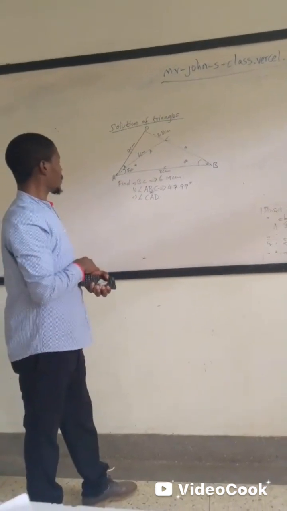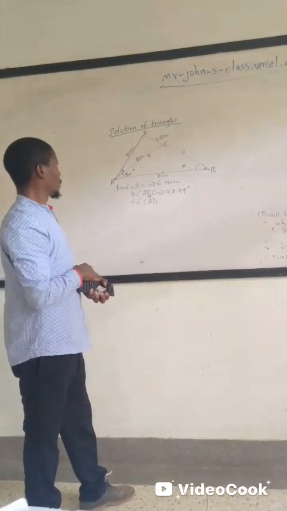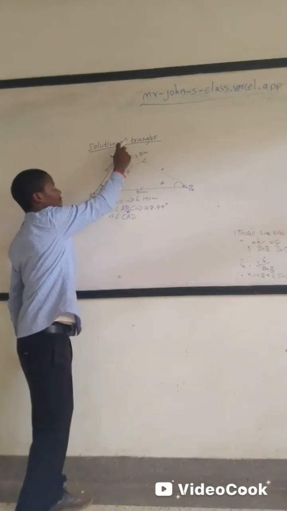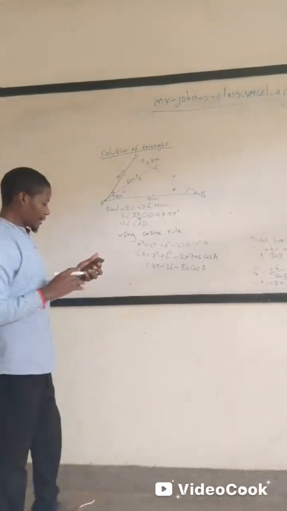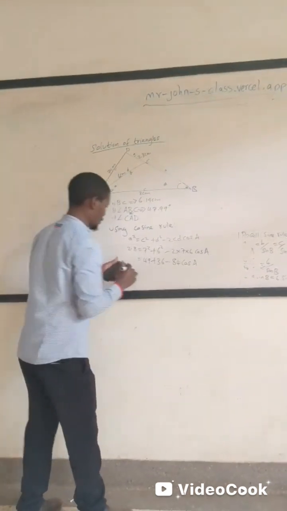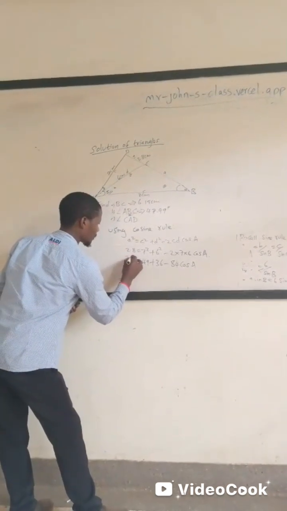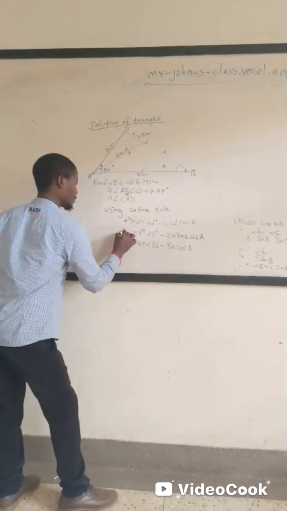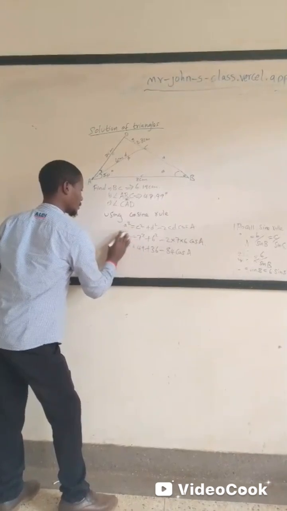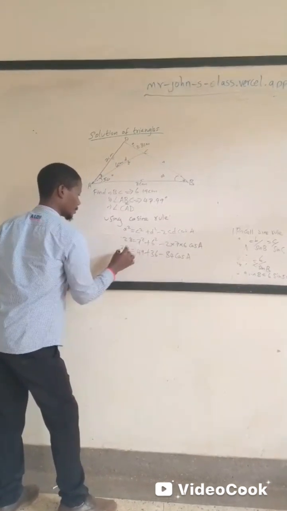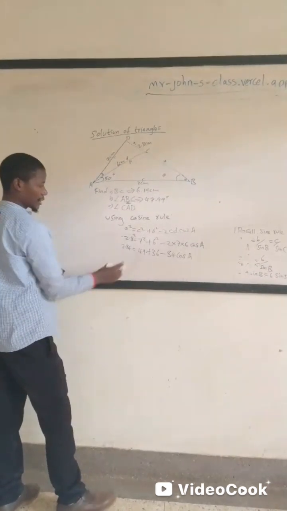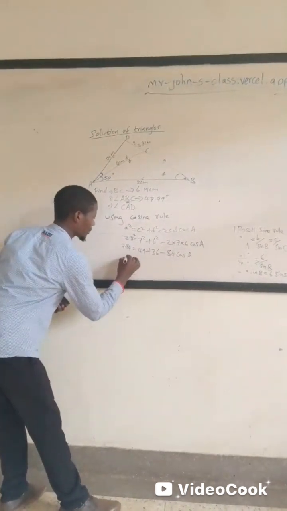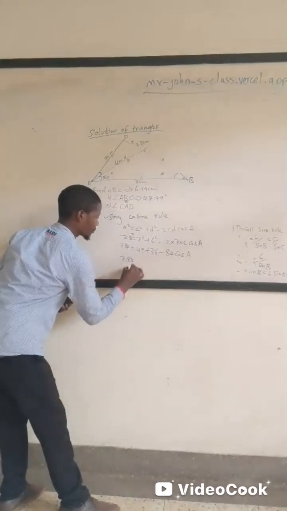What we can do now is let this side be 7, so 7 squared is 49.